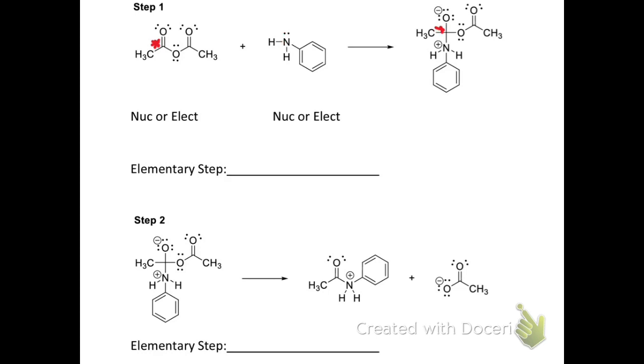So what we're going to do is draw our electron pushing arrows. We're going to start here at our lone pair of electrons and push right in here. These electrons are going to jump back because notice that in our product here, our pi bond is broken and those electrons jumped up onto our oxygen. Okay, so these are the electron pushing arrows. The nucleophiles where the electrons start, the electrophiles are where the arrows go.